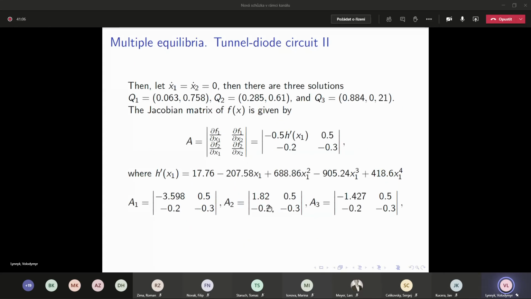Let x1 dot and x2 dot equal 0, and then there are three solutions.